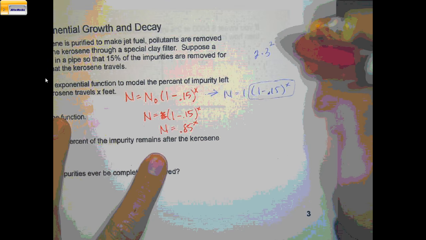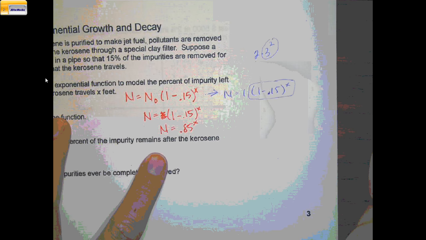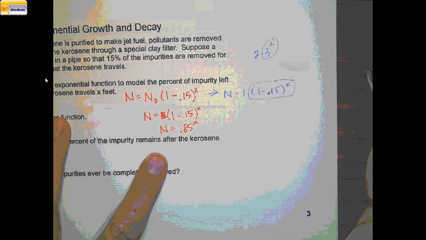You deal with the 3 squared first, and then you multiply it by 2, so it's really going to be 18. Does everybody see the difference? Because of that, this does not mean 1 times the parentheses. Divide both sides by 1. n divided by 1 is n. Carson, does that make sense? Yes. Okay, everybody else got it? Okay, that's where that came from.